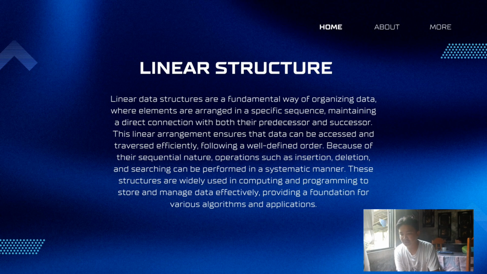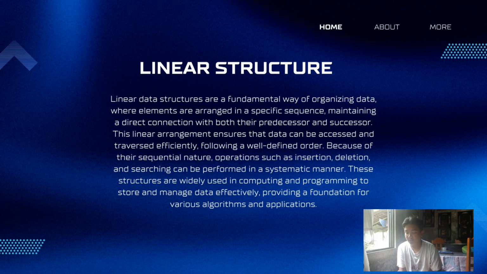So what are linear structures? Linear structures are a fundamental way of organizing data where elements are arranged in a specific sequence, maintaining a direct connection with both their predecessor and successor. This linear arrangement ensures that data can be accessed and traversed efficiently following a well defined order.